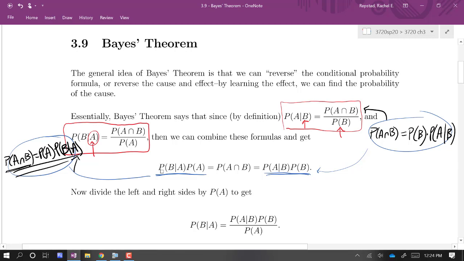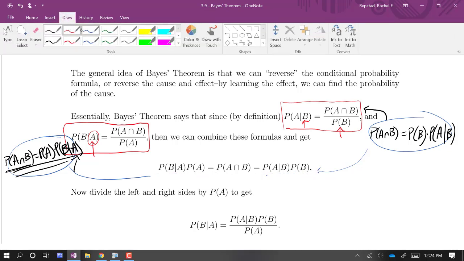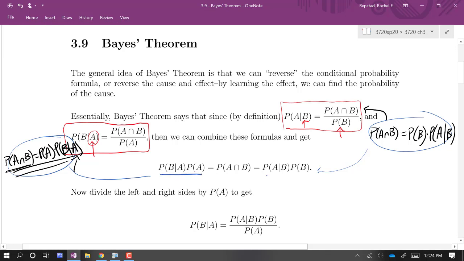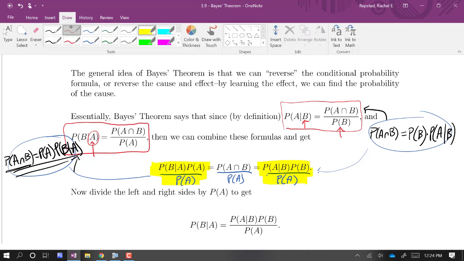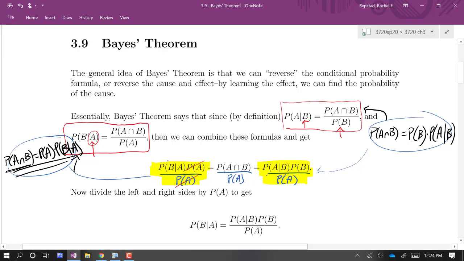Now let's divide both sides of this equation, or all three sides of this equation, by P of A. But we're really just interested in this side and this side, which are equal to each other. On the very left side, the P of A cancels, and we have the probability of B given A is equal to this fraction over here.